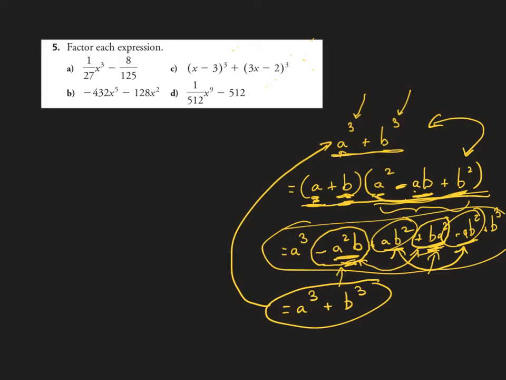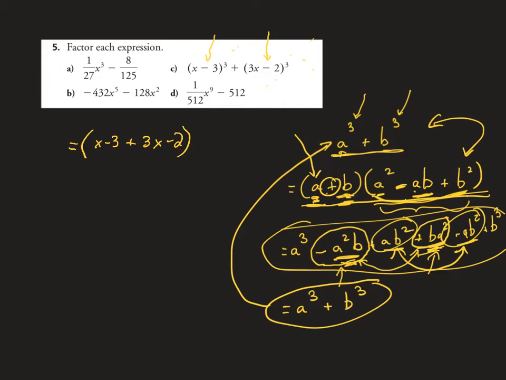We're going to open bracket. We have to write a. Well, what's a? A is the first one that's being cubed. X minus 3 is the first one being cubed. So x minus 3 plus the second one that's being cubed. Well, that is 3x minus 2.